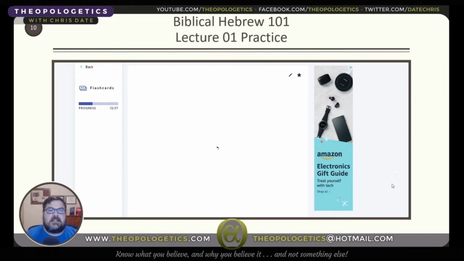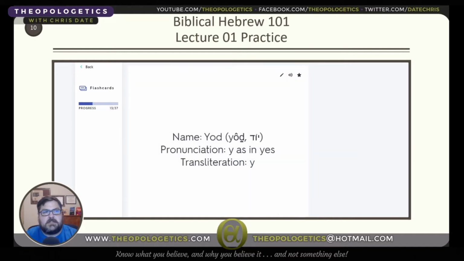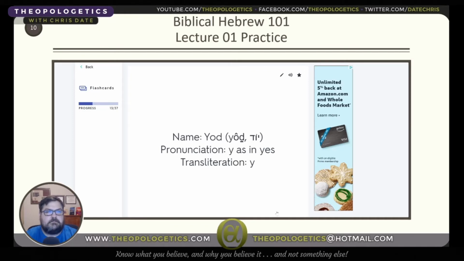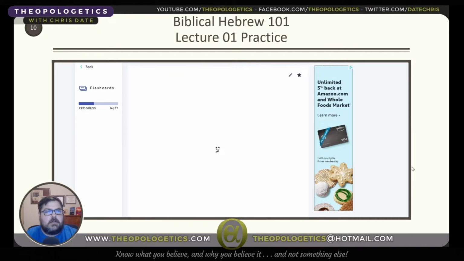This is the letter Yod. The Yod makes the sound of the English Y in yellow. It is transliterated using the English letter Y, and it is in no special category of letters. Okay. Next up.